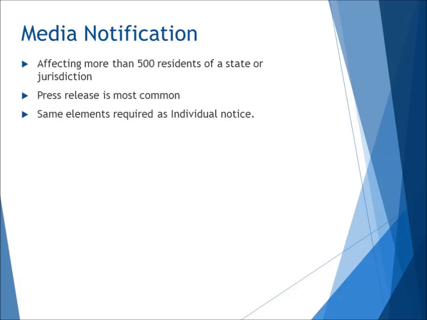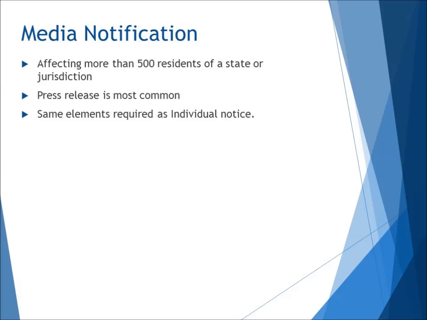Now, for media notification, covered entities that have a breach of more than 500 individuals of a state or jurisdiction are, in addition to notifying individuals, required to notify the media. And these are prominent media outlets serving that state or jurisdiction where these 500 residents do live.